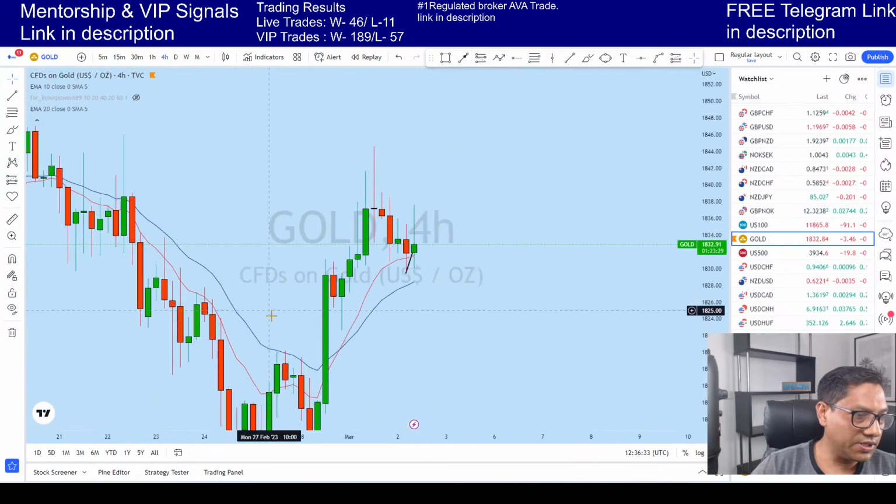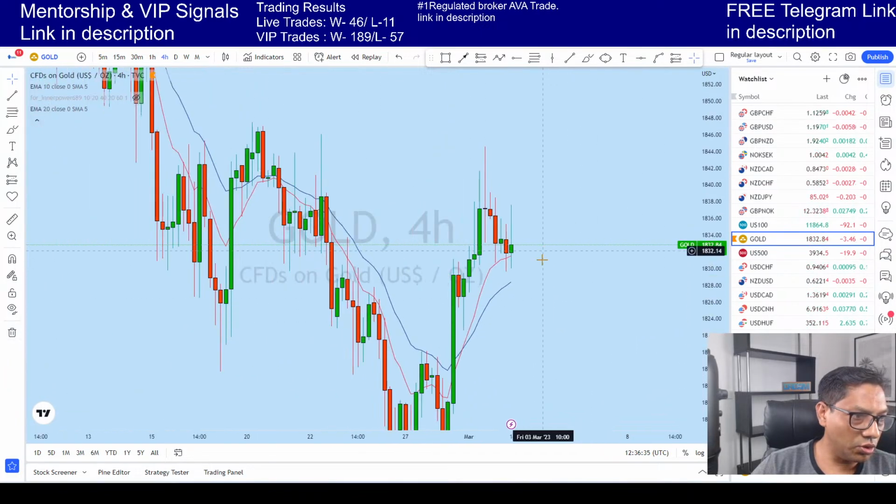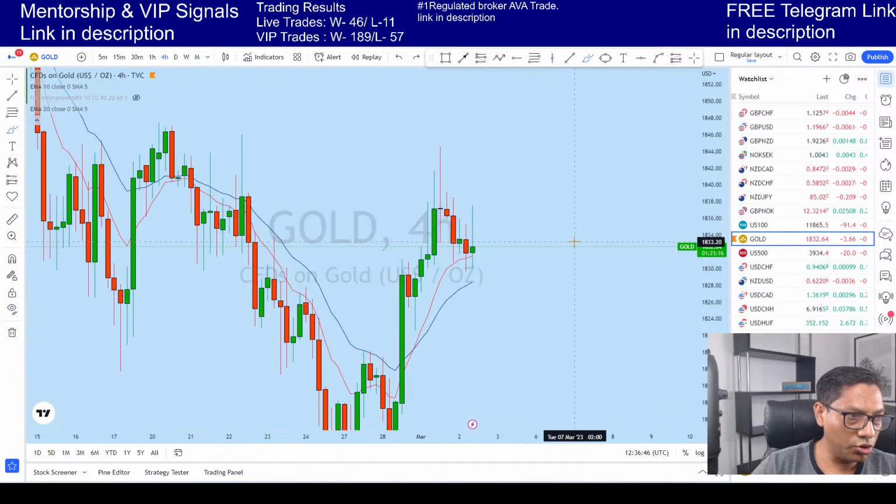Basically gold has come to this zone again, and in case, in this session, gold comes to the 20 EMA on the 4-hour perspective, it will be a very good place for a potential long trading opportunity.